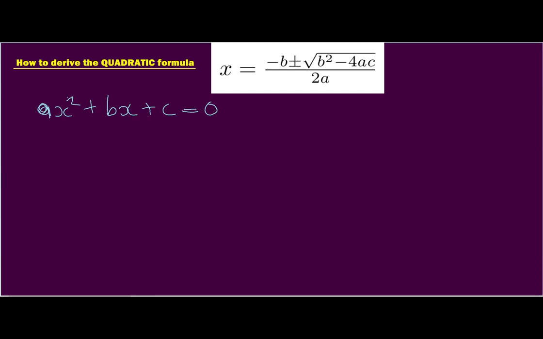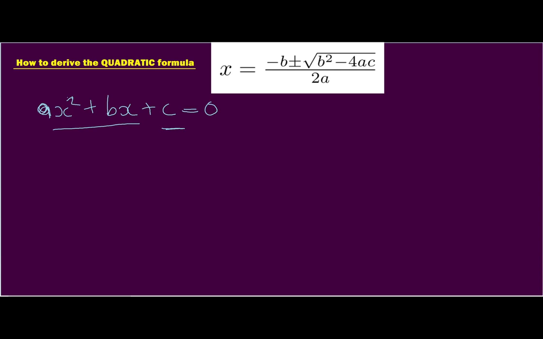The process of deriving the quadratic formula is actually just solving for x using the quadratic equation. The first step is taking the terms that include x to one side and the others which don't include x to the other side. So we have ax squared plus bx having x, and c being the one term that doesn't have an x.